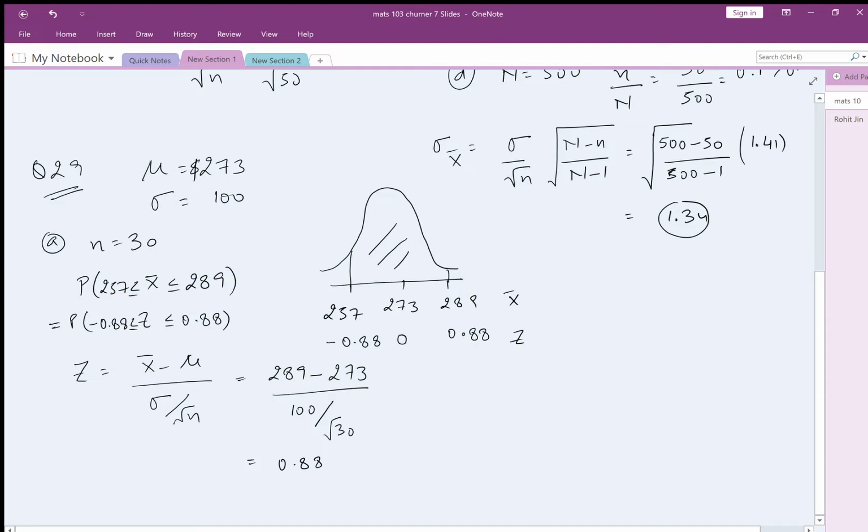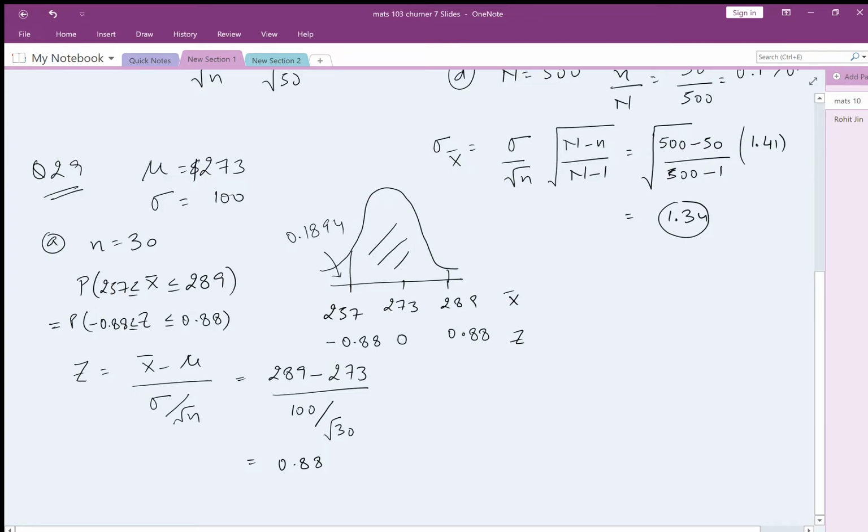Then what you would find is that for z-score of negative 0.88, it is going to be 0.1894.